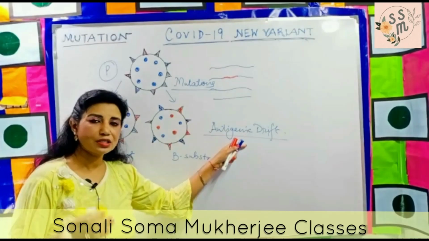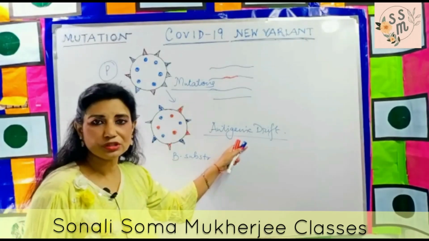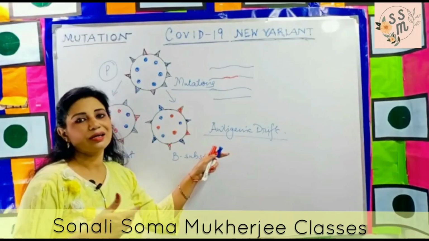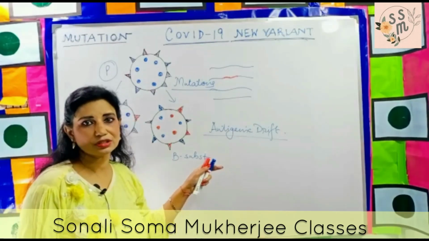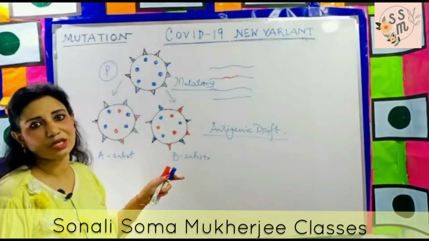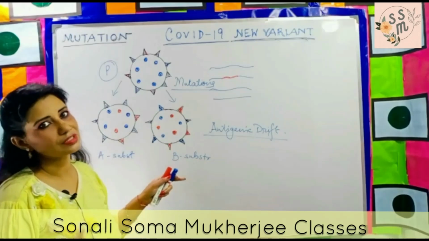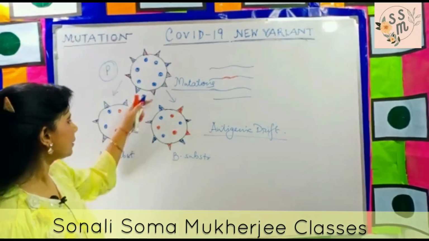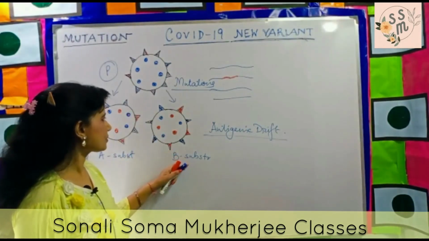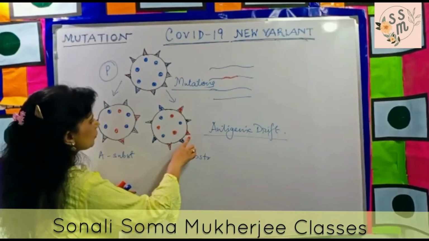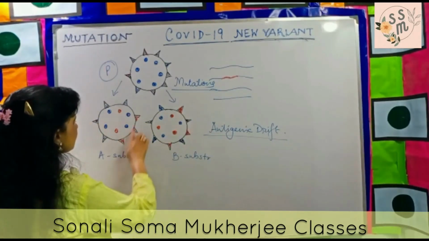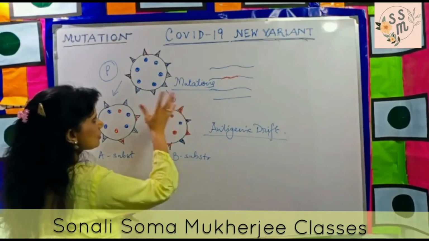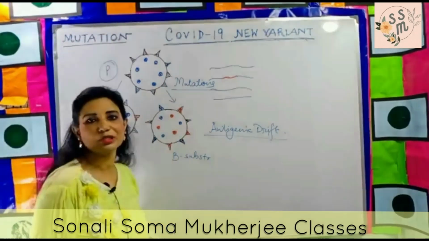Antigenic drift means it can be treated with antibodies and drugs. It can be treated, and it takes some time to do it. In case of coronavirus, we have seen that over the year it has happened. And another substrain you can see, which I have tried to create for you so that you understand. Here it was at 2 points, here it is at 3 points, but still the look is almost similar.